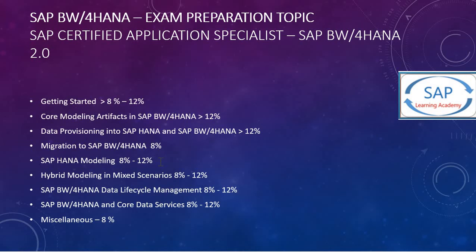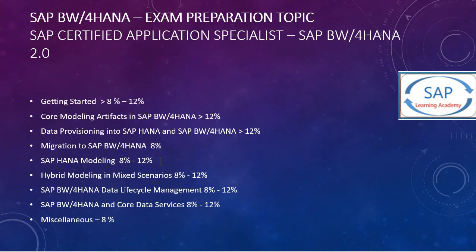You should know all the basic features of the modeling, including very importantly the input parameter or variable. Also you should know about the table function and procedure, which can be used for HANA modeling.